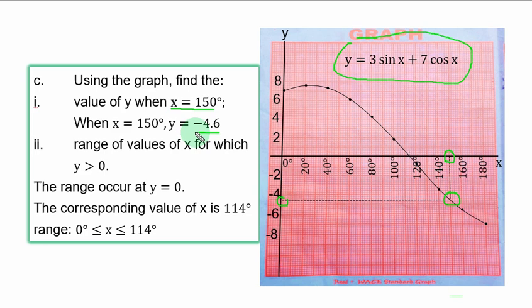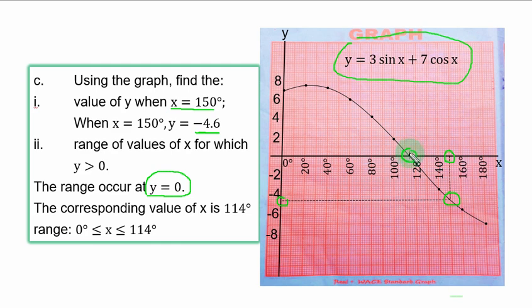Roman figure 2, find the range of values of s for which y is greater than 0. The range occurs at y equal to 0. So when y is equal to 0, it means the point where the curve cuts across the x-axis. That is somewhere here.